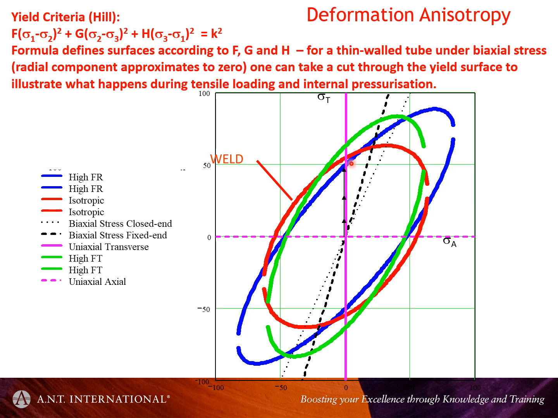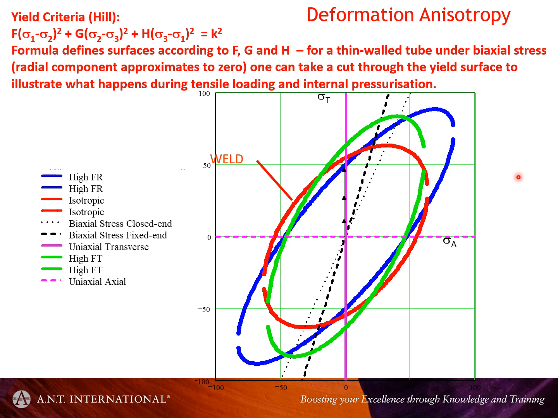And the blue line represents the main body of the tube, and that's why the main body of the tube is actually weaker to tensile strain than the weld, so it fails first.